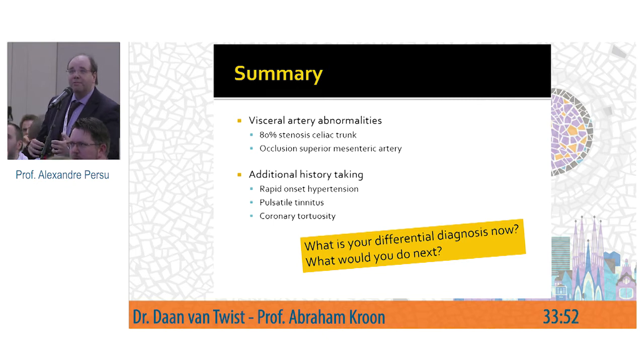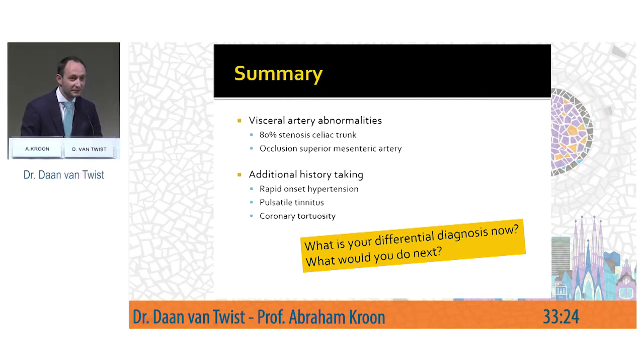The Americans have taught us that pulsatile tinnitus, especially swooshing, as you mentioned, is quite suggestive of carotid fibromuscular dysplasia. And then coronary tortuosity is found in patients with spontaneous coronary artery dissection, which is strongly linked with FMD. So I would say the probability of fibromuscular dysplasia is very high now.